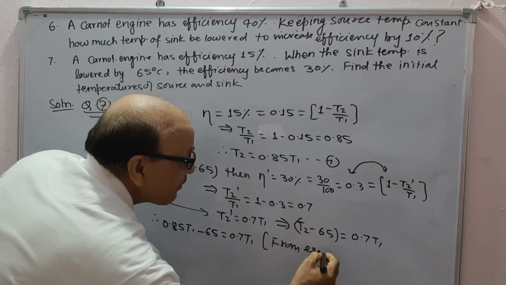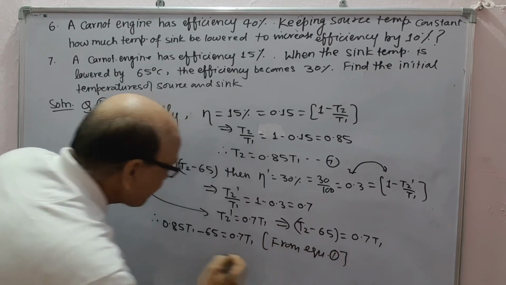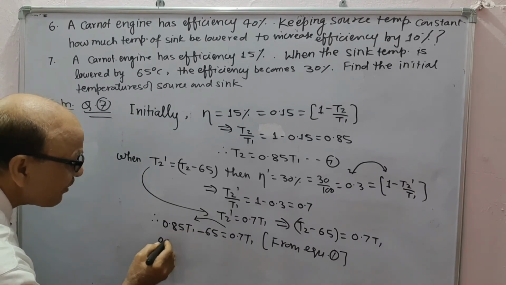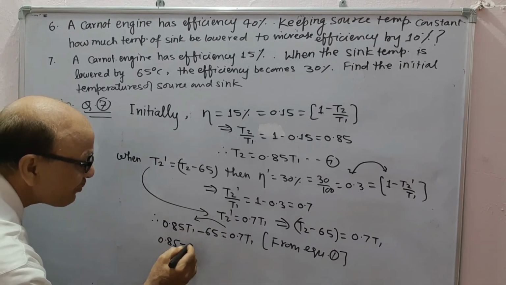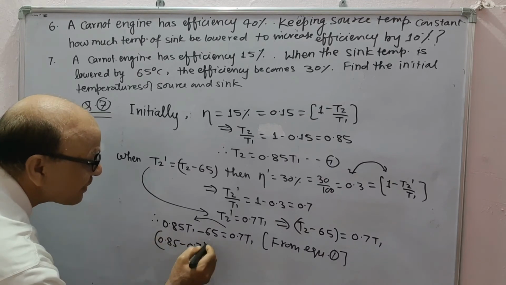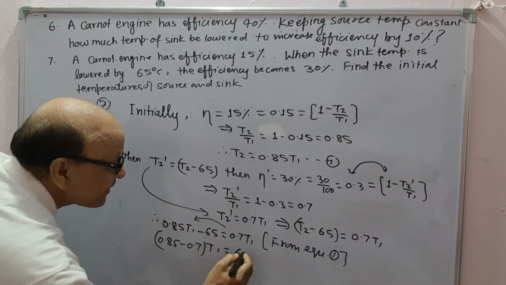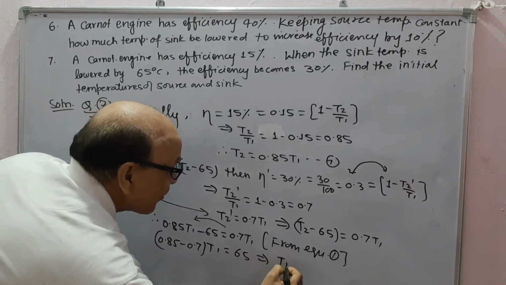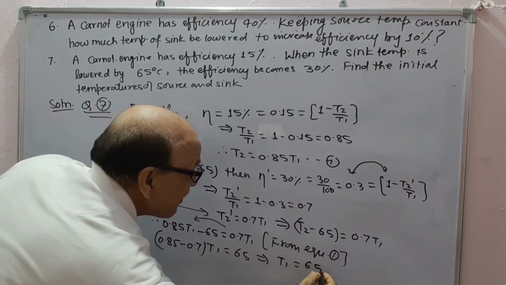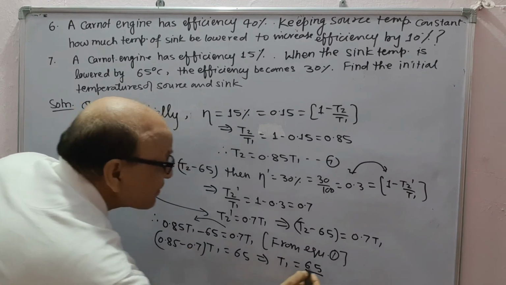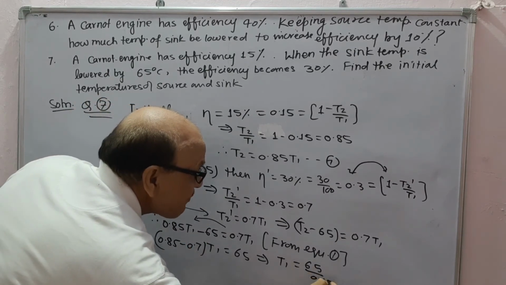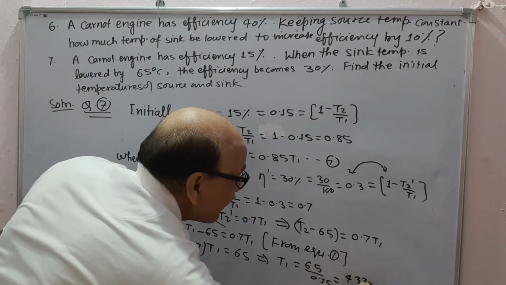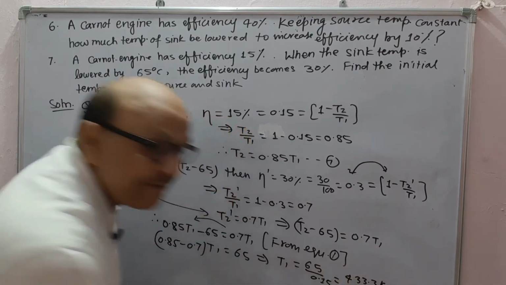Now 0.85 minus 0.7 T1 will be 65, which gives T1 as 65 upon 0.15, which is 433.3 Kelvin.